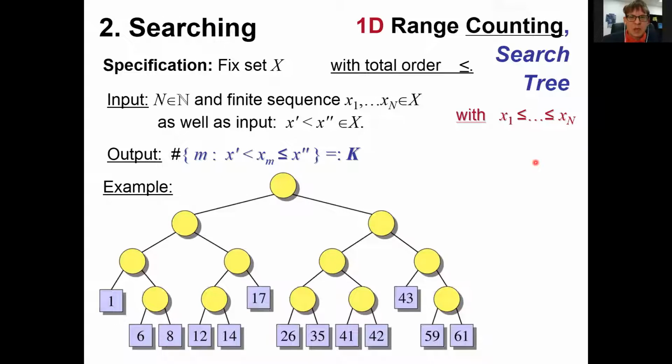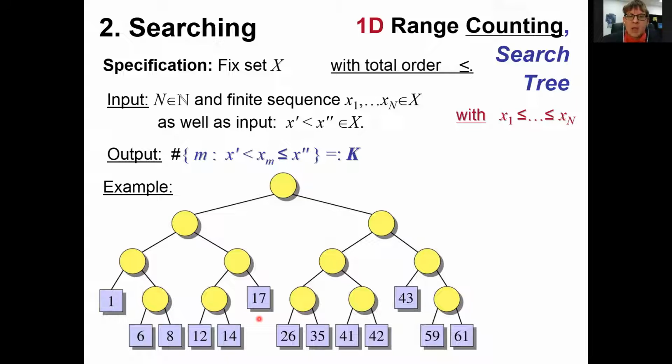Here you see such an example of a tree where, again, the data is sorted and is in the leaves of this balanced binary tree. It's a binary tree, and it's balanced in the sense that it has logarithmic depth. How to construct such a tree is a different question that is deferred to either data structures or to chapter 3. But for now, we take such a tree for granted.